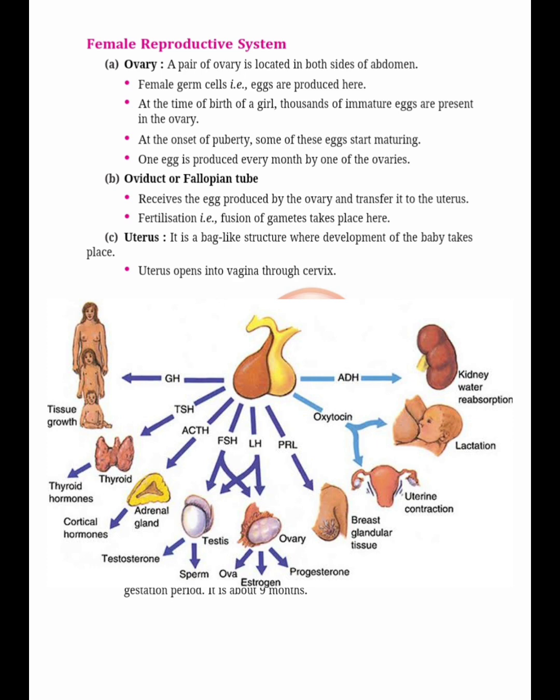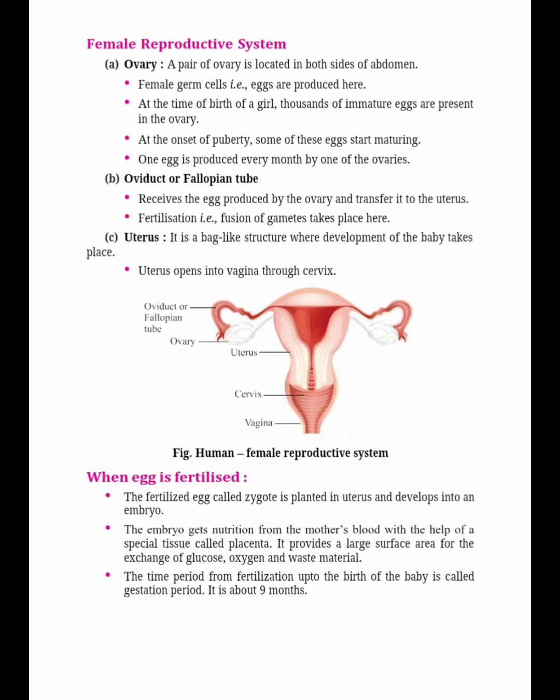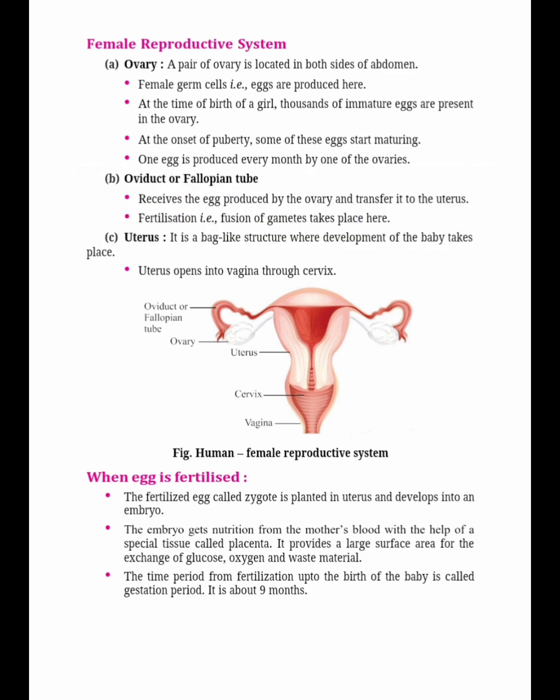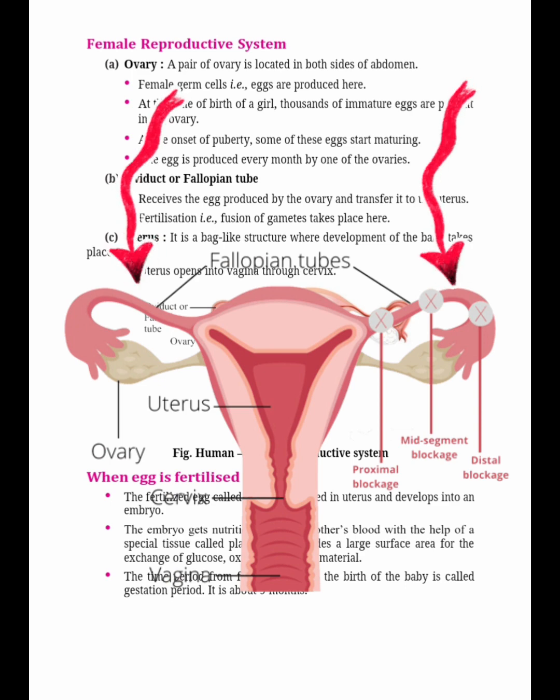The pituitary gland releases FSH, that is follicle stimulating hormone, and afterwards the ovary gets the message. These ovaries start releasing the hormone estrogen, as we have already studied in the chapter Control and Coordination in the endocrine glands. These ovaries are glands and they release the hormone estrogen during the puberty stage and bring many changes in girls, as we have already studied. Next, the second one is the oviduct or fallopian tube.